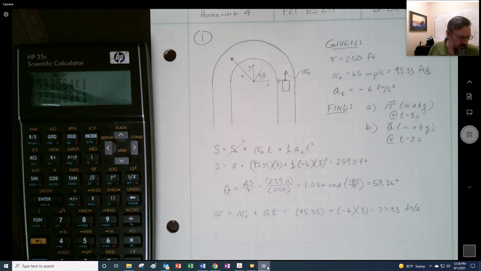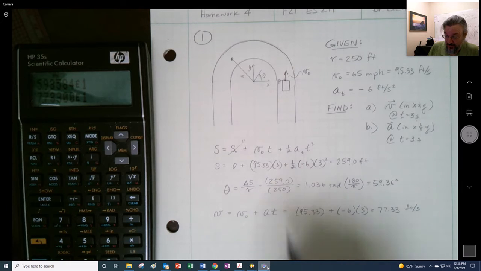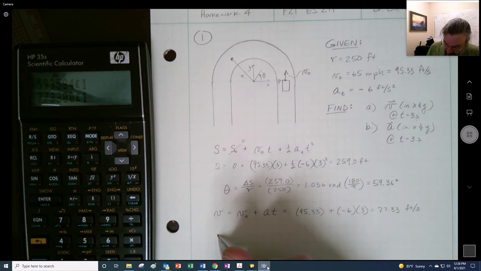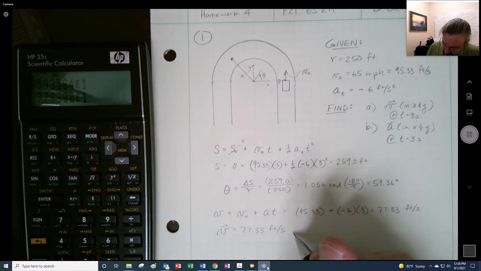And let's figure out what the accelerations are going to be. Obviously this is the tangential direction, so the velocity of the car would be 77.33 feet per second.